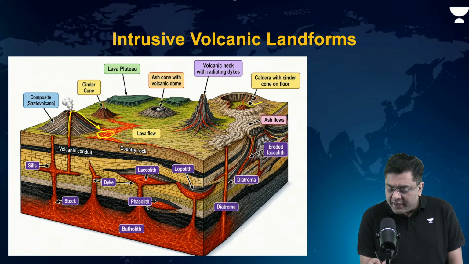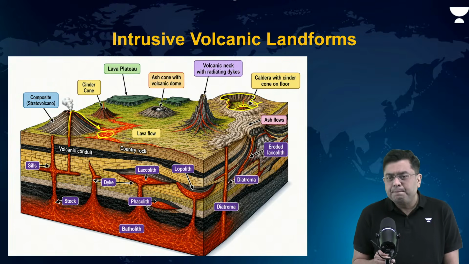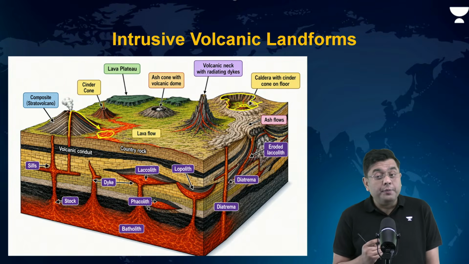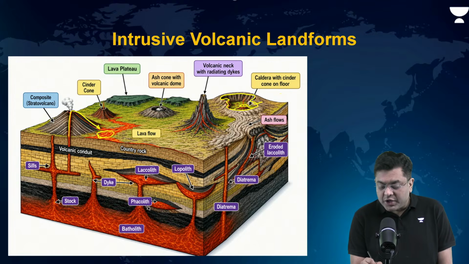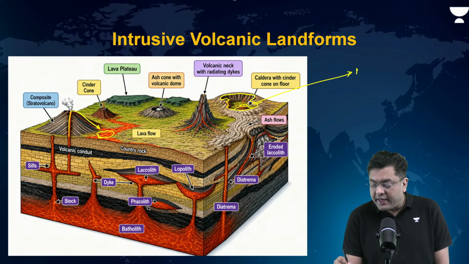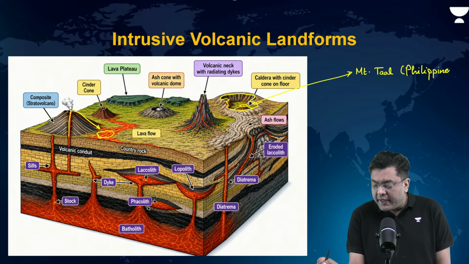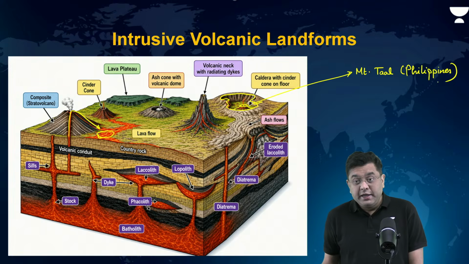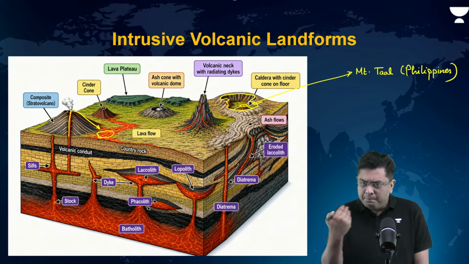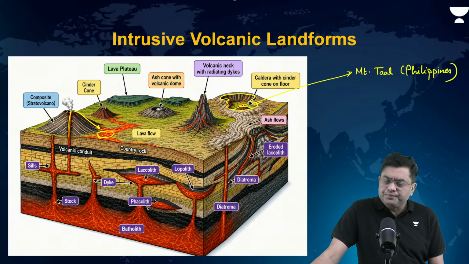See, observe here in this image, you have a large older caldera and a new cinder cone. This kind of feature you will also observe in the case of Mount Taal in the Philippines. Why I'm telling you these examples is because when you are writing your answer, it is very important to retain these examples so that you are able to produce them in your answers also.